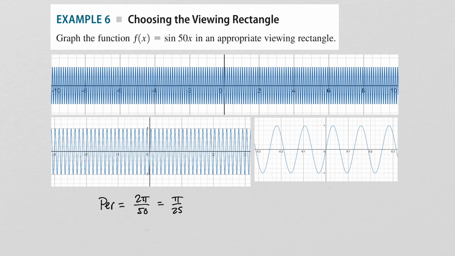And in fact, if you actually do pi divided by 25 on a calculator, you'll see that this number is approximately 0.13. So when you're trying to graph something on a graphing calculator, your viewing window, your values of x and values of y that you want to look at are very important for getting an accurate depiction of the graph.